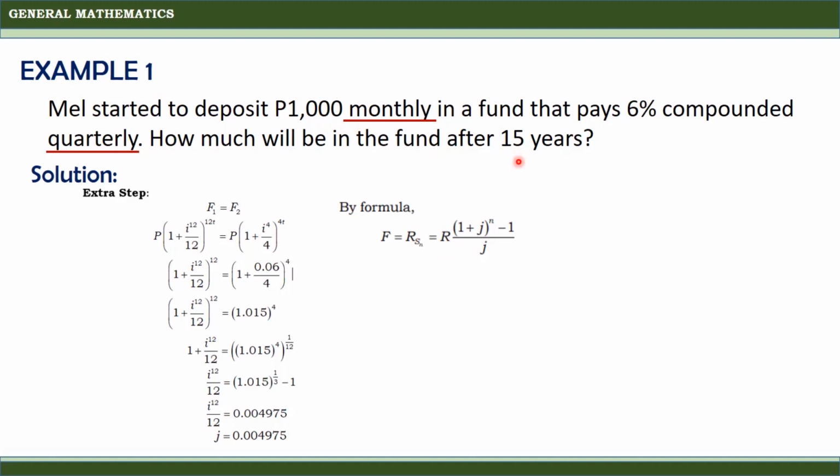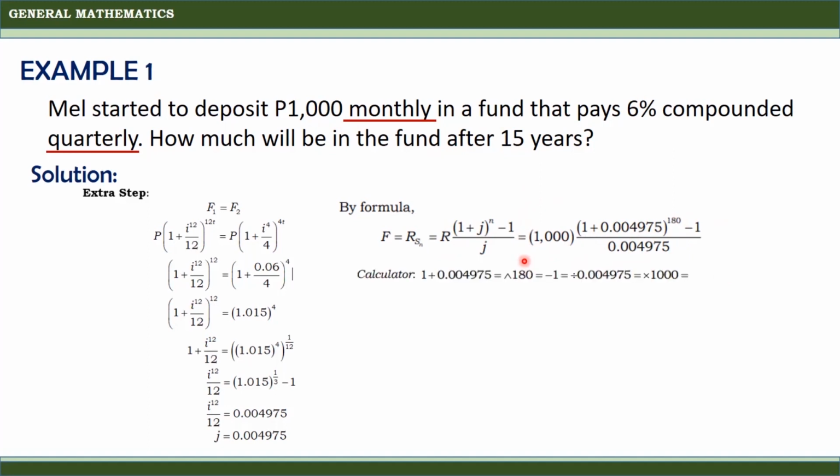By substitution, we will have 1,000 times [(1 plus 0.004975) raised to 180 minus 1] all over 0.004975.